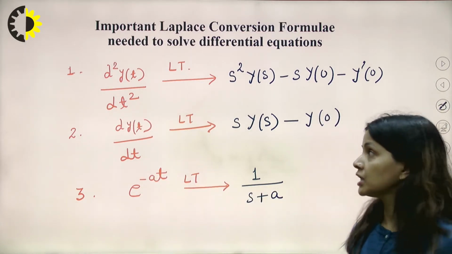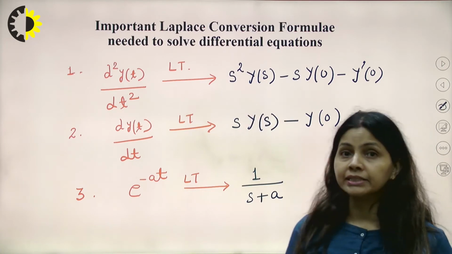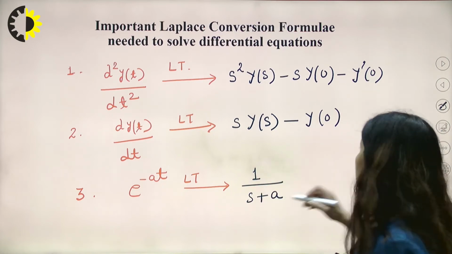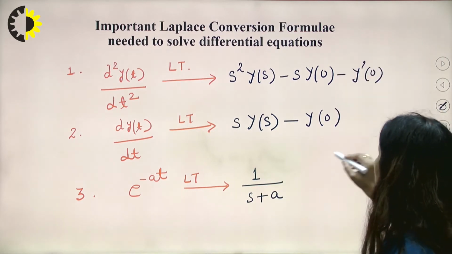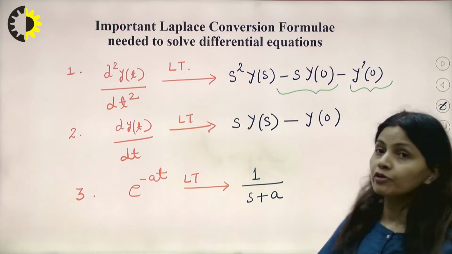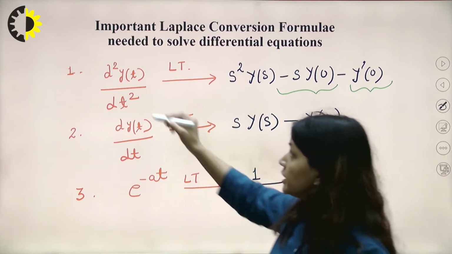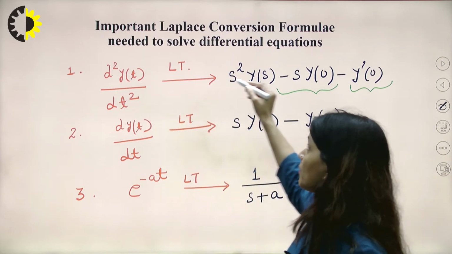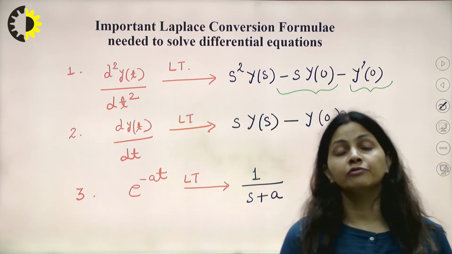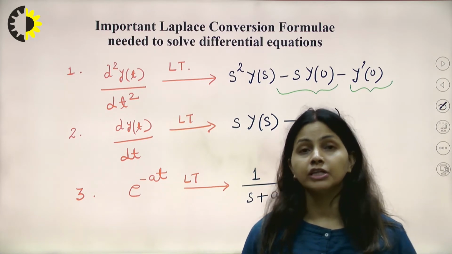The Laplace transform would be s square Y(s) minus s y(0) minus y dash (0), where y(0) and y dash (0) are the initial conditions. So the Laplace transform of d square y(t) upon dt square will be given by this. We will use this particular formula whenever we are taking the Laplace transform of the given differential equation.